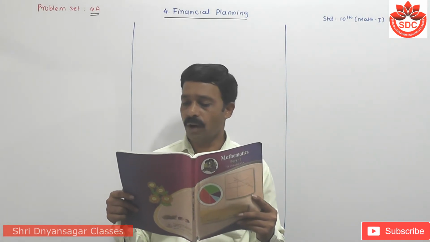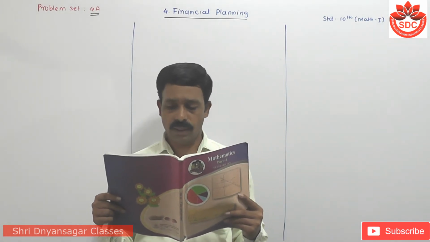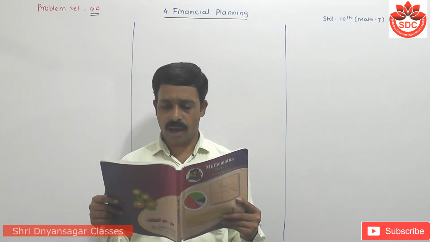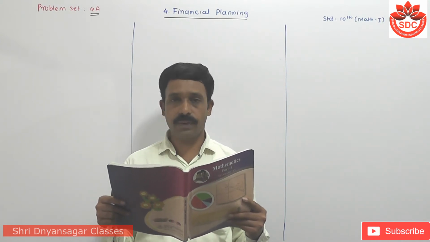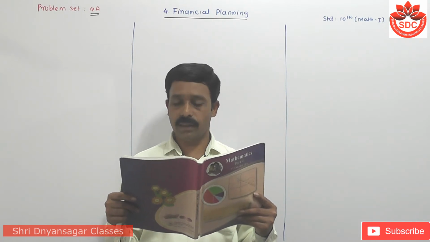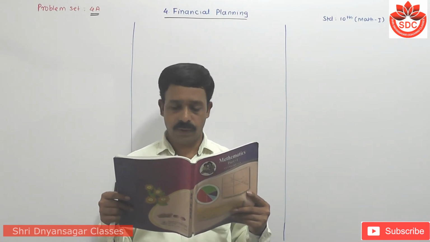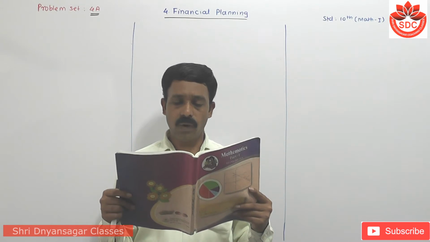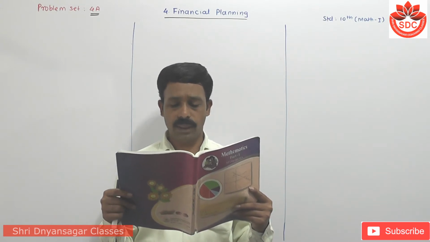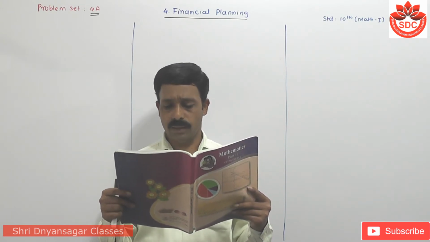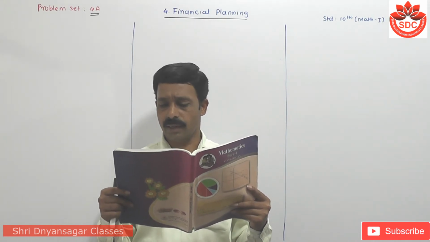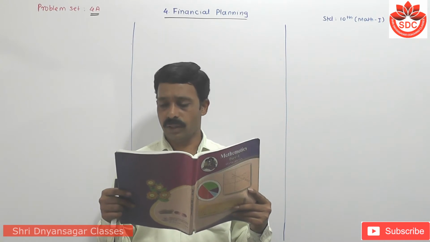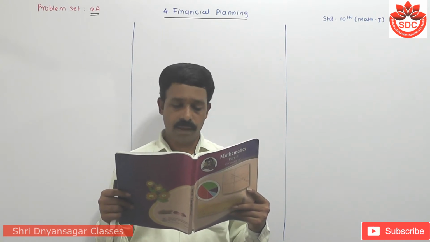GST at the rate of 12% was charged for the article supplied. Now look at this: the tax invoice first, tax invoice second, tax invoice third. Then first one is the wholesaler, then the distributor, then the distributor distributes to the retailer and the retailer to the consumer, that is the customer.